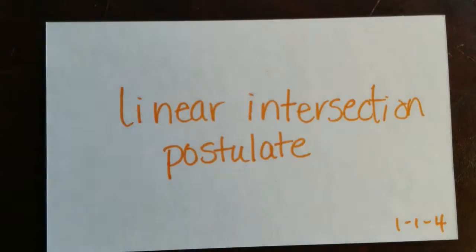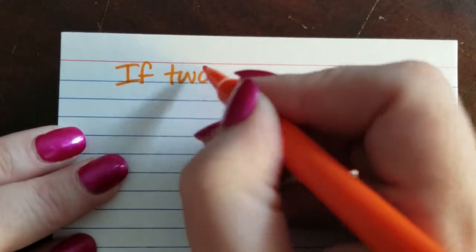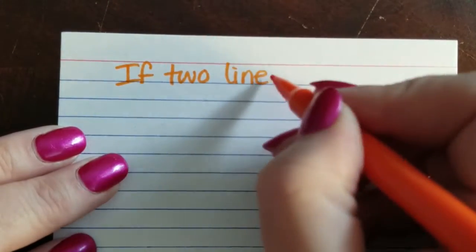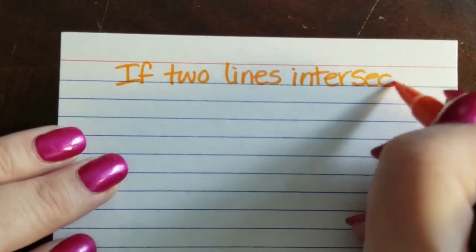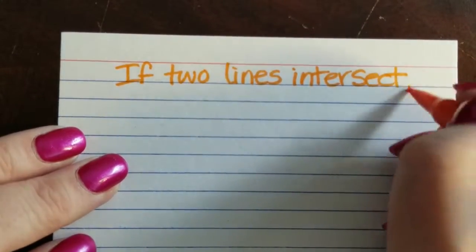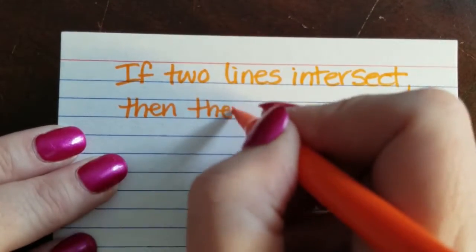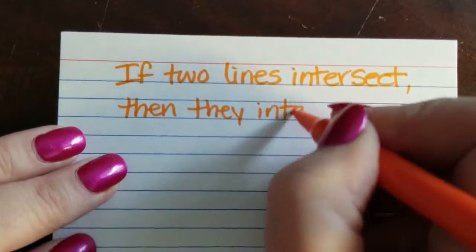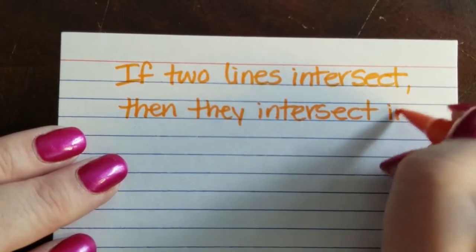We also have a postulate for when lines intersect, where they cross. So, if 2 lines intersect, remember that means they cross each other, then they intersect in exactly one point.